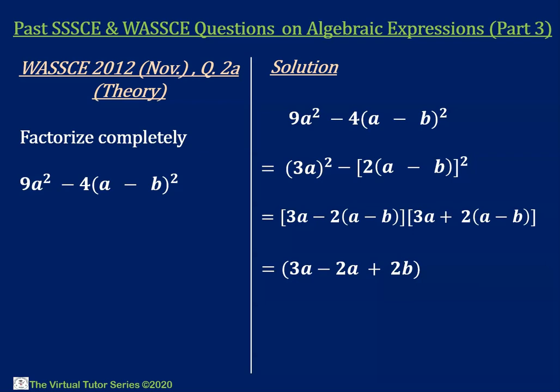For the second group, we have 2 times a to be 2a and 2 times negative b to be negative 2b. So that gives us (3a + 2a − 2b).